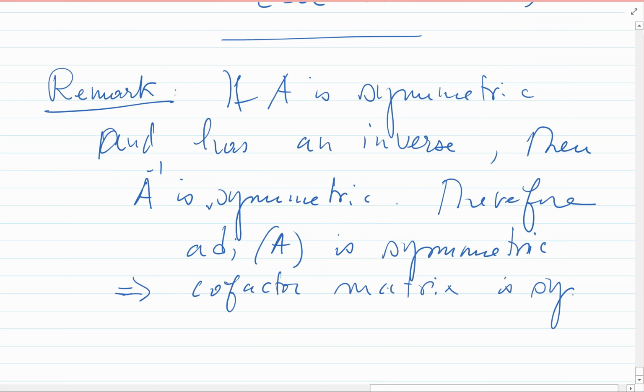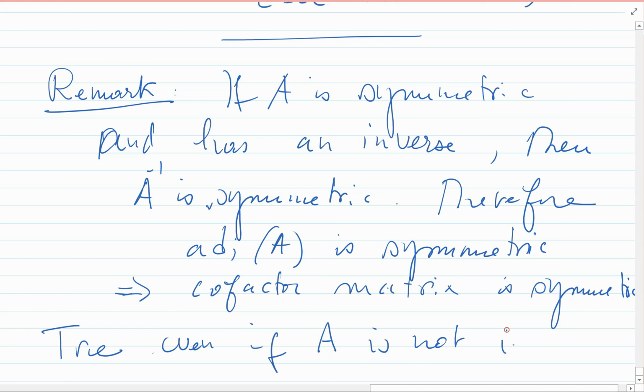In fact, this is true even if A is not invertible.